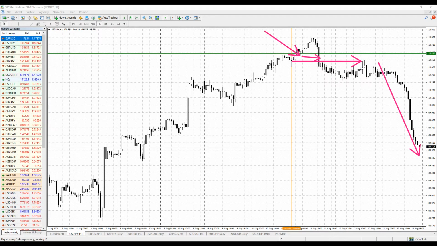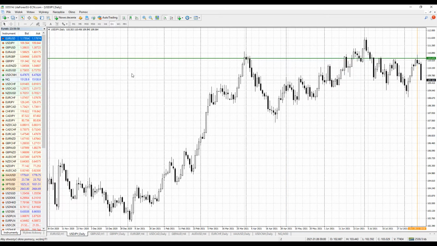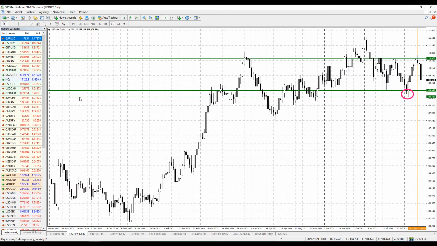So what now when it comes to the dollar yen, when it comes to the higher time frame? Well, there is a very nice swing low and a possible retest of that zone. So in that case, we might see for now a retest of 109 down towards the swing low, 108.85.